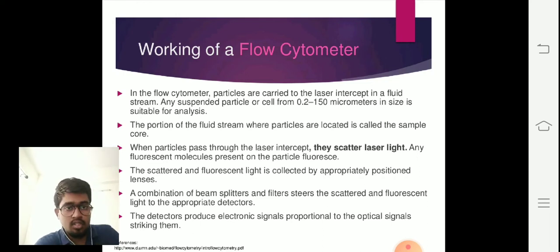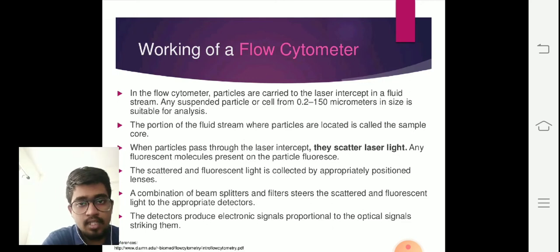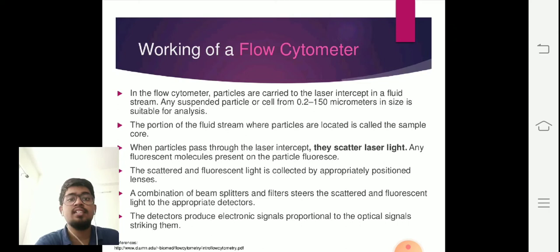The scattered and fluorescent light is collected by the positioned lenses, and the beam splitters and filters direct it to the appropriate detectors, which produce electronic signals proportional to the optical signals striking them and give us accurate results using the computer systems. So this is all completely systematic.